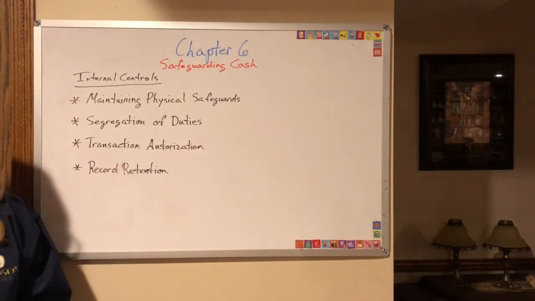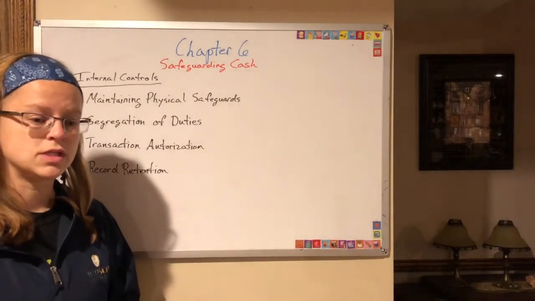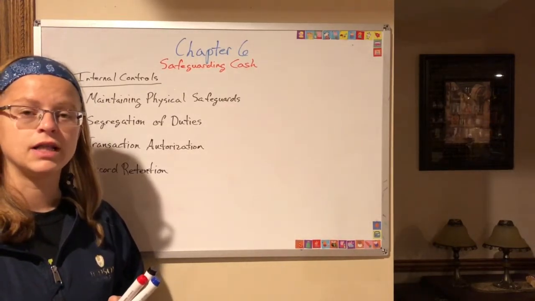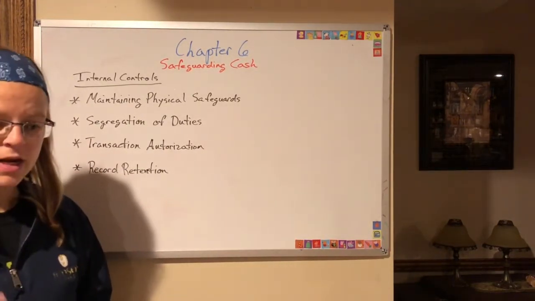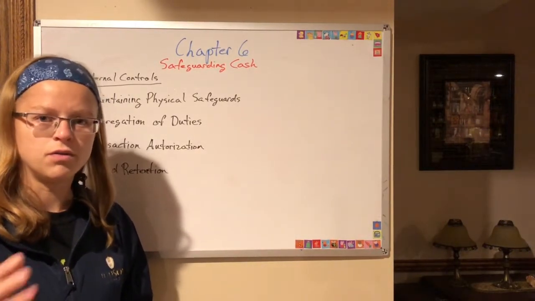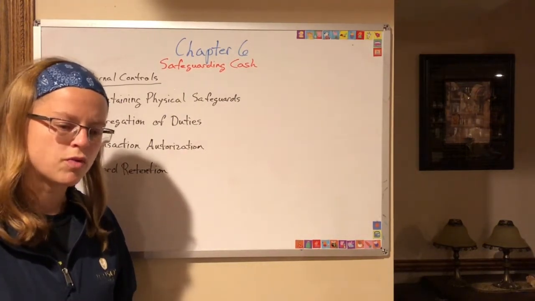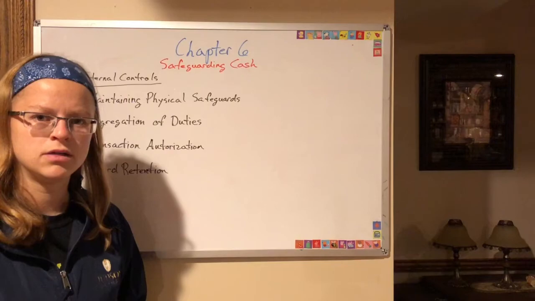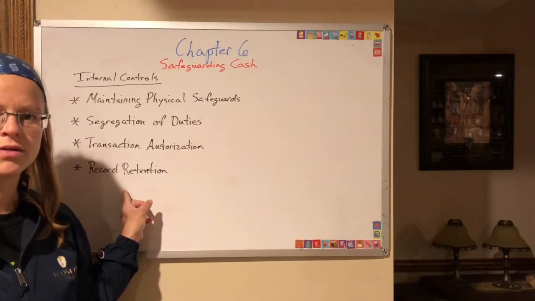Record retention. Record retention requires that you keep all your receipts, all your check stubs, your bills, all of them for at least 7 years. An example of this would be Anne hires a new accountant or someone in charge of bookkeeping, and that person goes through the records and realizes that there's $17,000 missing, but there are no records that were kept.